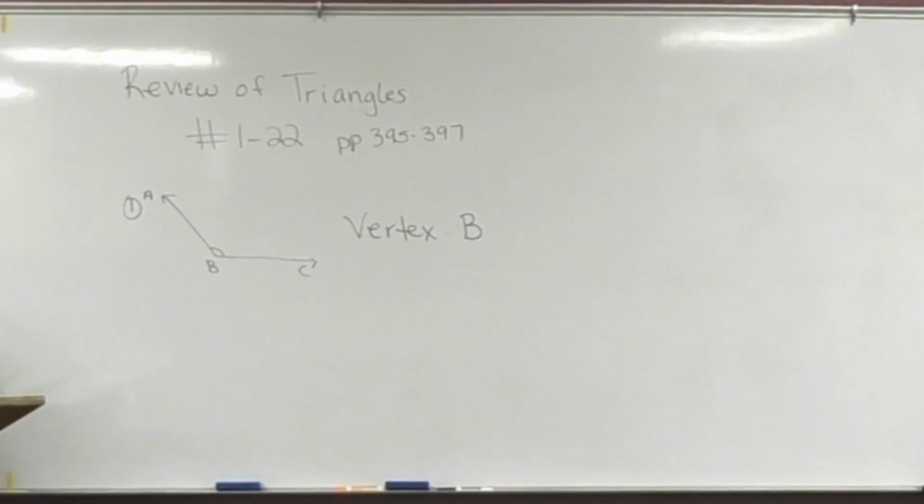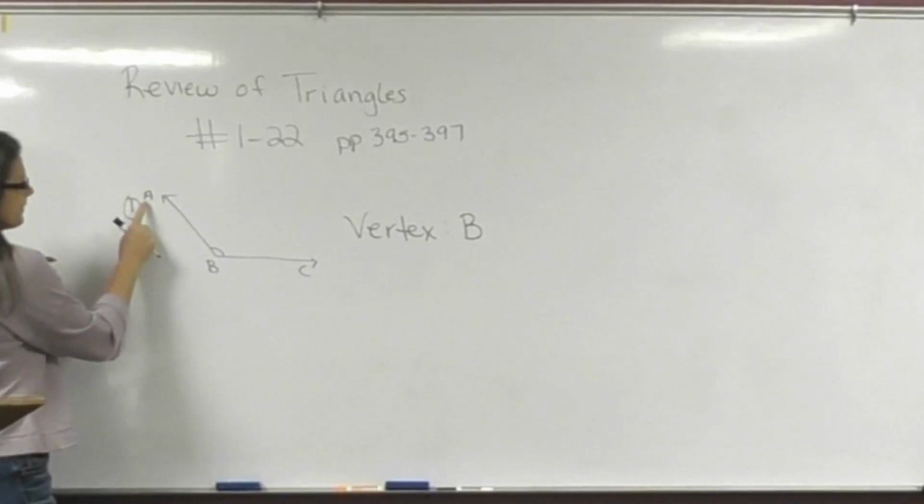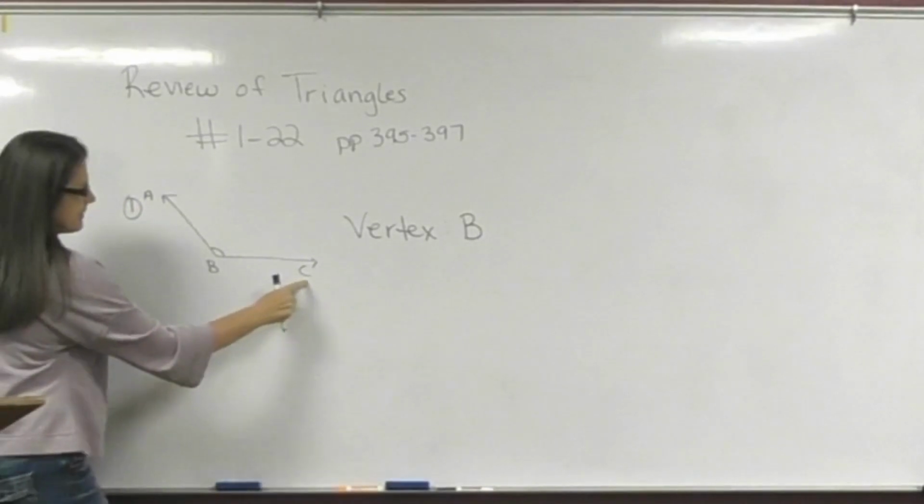Now, there are 3 different ways that you have to choose from, and you just have to give me 2. So one way of naming this angle is angle ABC.